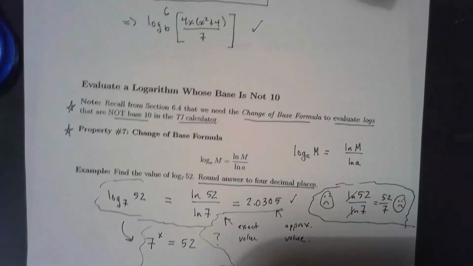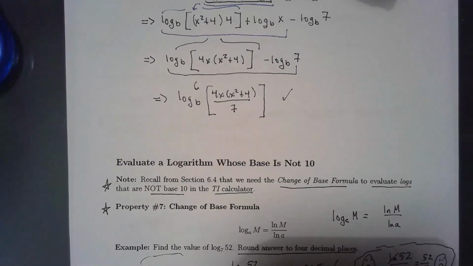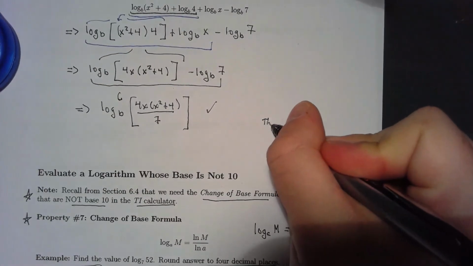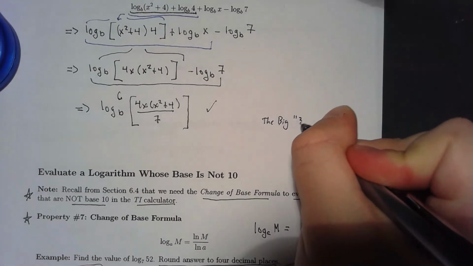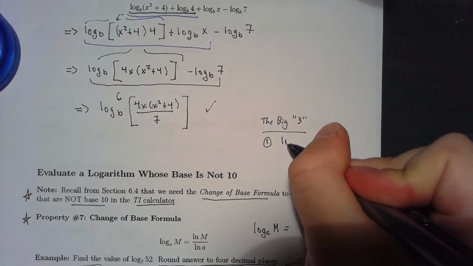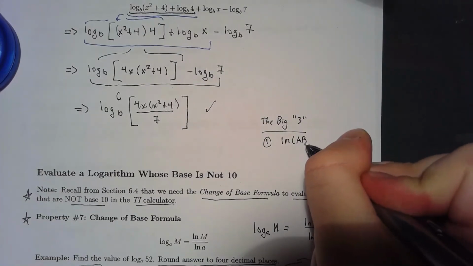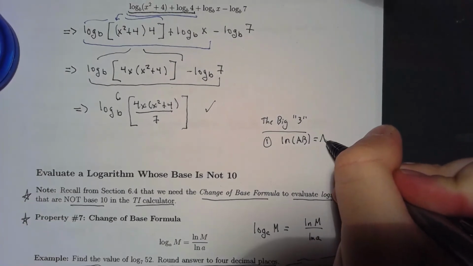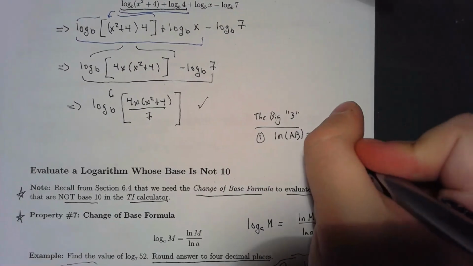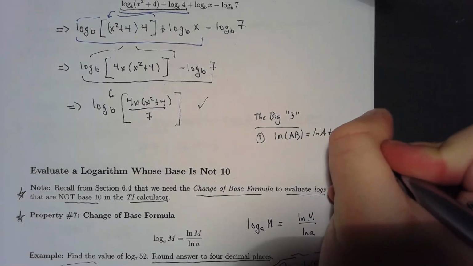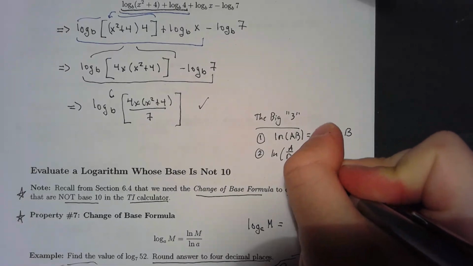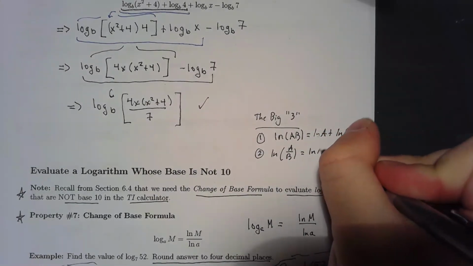So yeah, when you're dealing with properties of logarithms, the big three, that's what I like to refer to them as, is the log of a product equals the sum of the logs, ln of A plus ln of B. The log of a quotient equals the difference of the logs.